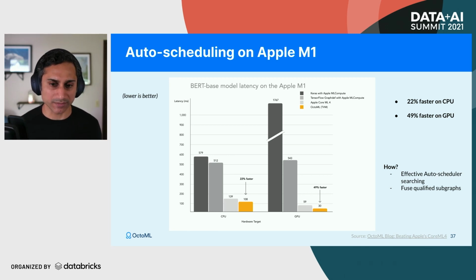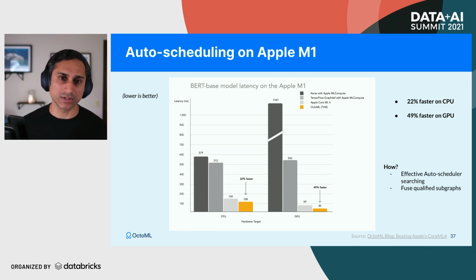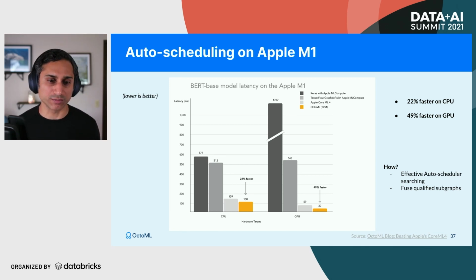Those are the TVM results. In light gray, those are Apple Core ML results. And we also, as a point of comparison, ran the BERT base through Keras and TensorFlow GraphDef, both with ML Compute. Those results are essentially unusable, between like 500 and more than 1,000 milliseconds for the model latencies.